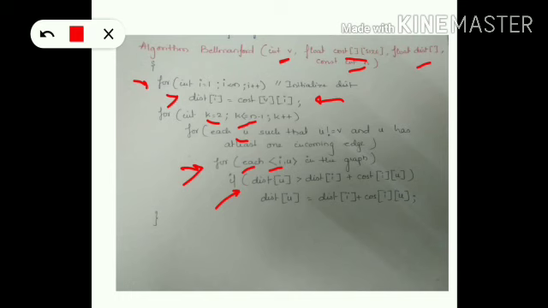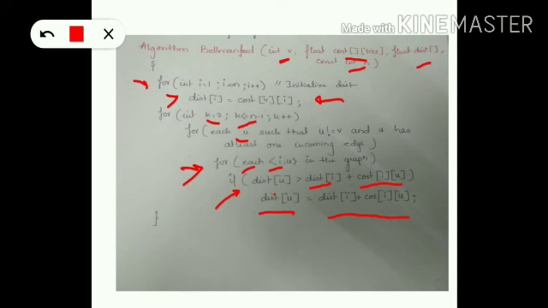If it is greater than the distance of an edge coming from source to vertex i plus the cost of an edge going from vertex i to u, then you replace the value of distance of u with dist of i plus cost of i comma u, right?